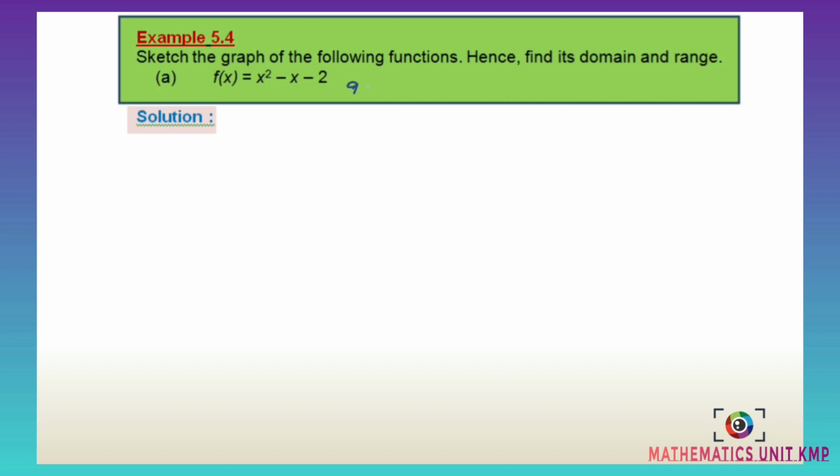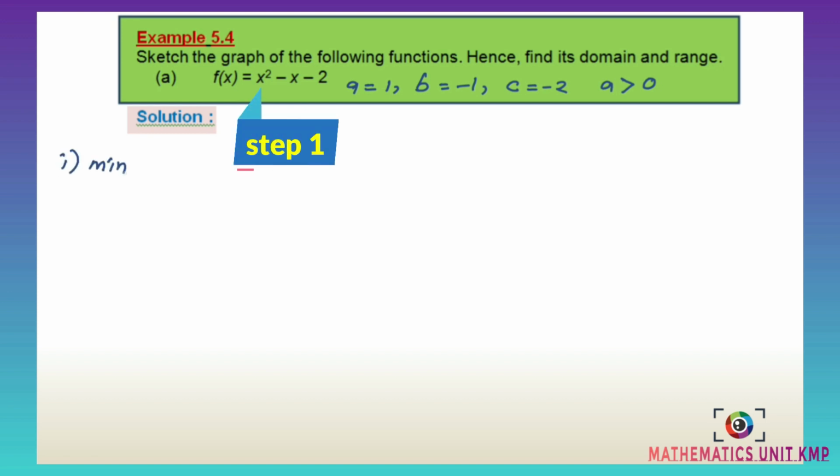Therefore, a equals 1, b equals negative 1 and c equals negative 2. The value of a is greater than 0, which means the function has a minimum. The first step to sketch the graph is to find the minimum point.